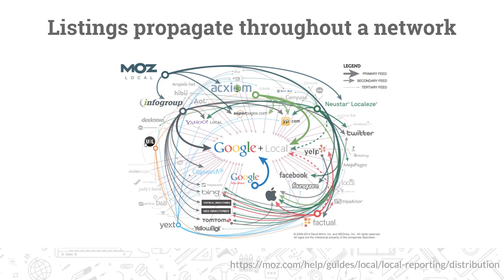You can see based upon the arrows that Infogroup, for example, will service CitySearch and MapQuest and TomTom, right? And Factual will inform map results in Apple and Yelp and elsewhere. There's this constant finding and updating of different business listings across all these nodes.